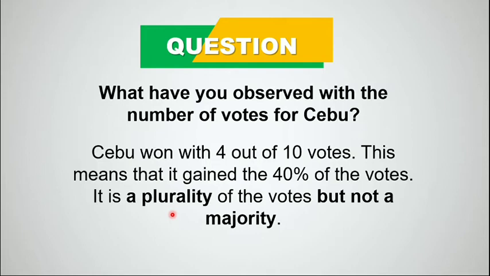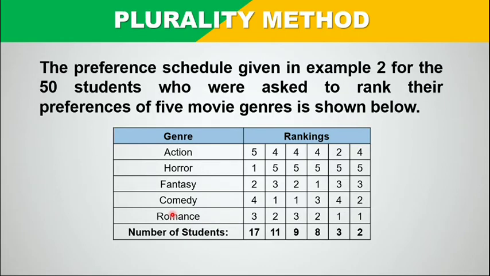Okay? So now let's take this second example for you to understand deeply the plurality method. The preference schedule given in example 2 for the 50 students who were asked to rank their preferences of 5 movie genres is shown below. We have here action, horror, fantasy, comedy, and romance, and these are the corresponding number of students with their rankings.